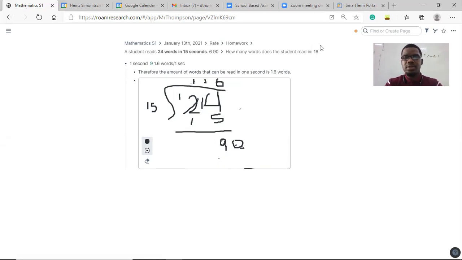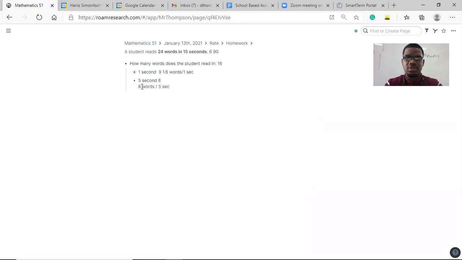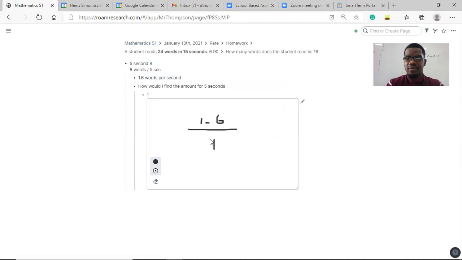Then the next question didn't just ask you for 1 second, it asks you for 5 seconds. How would you solve this? Let's bring back the 1.6 words per second. How would I find the amount for 5 seconds? Well, simply, per means 1. So you would write the fraction 1.6 divided by 1, and I need to find 5 seconds.